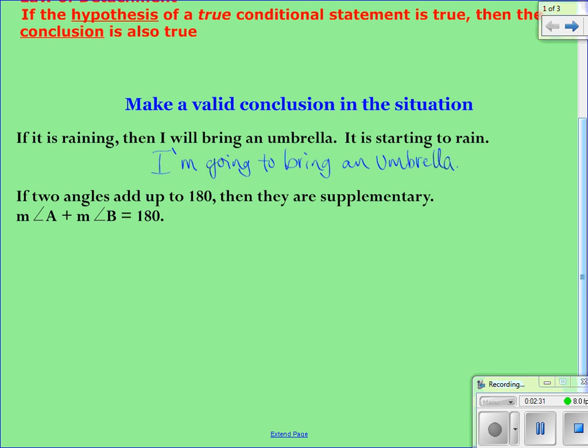Thank you. We have to use what they gave us. Okay, so we would say angle A and angle B are supplementary. Use these specifics in the question or the statement.